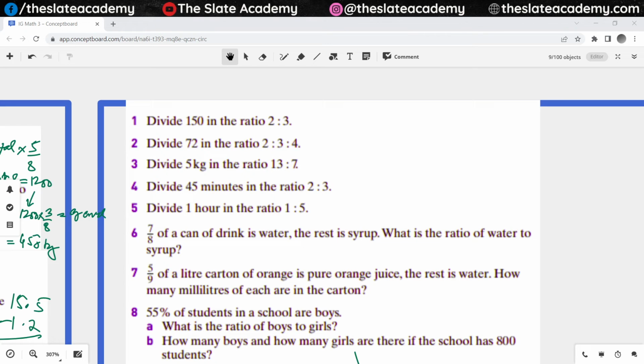Acha ji, the way we do it is 150. So the ratio 2 ratio 3, please do not be confused that you do it 2 out of 3. The total portions are 5. So 150 into 2 out of 5 and 150 into 3 out of 5. 2 plus 3 is what?